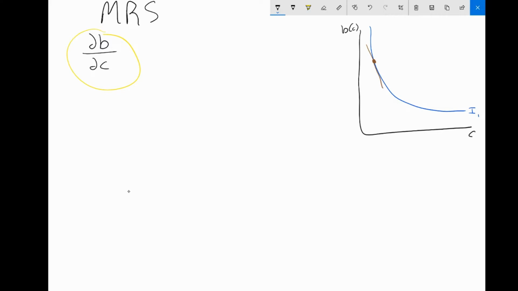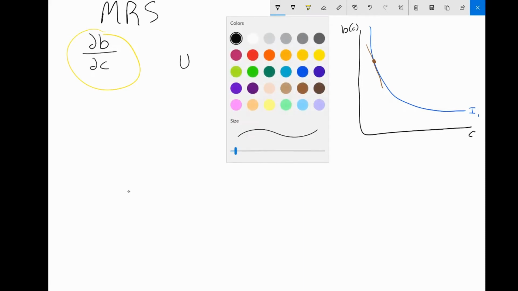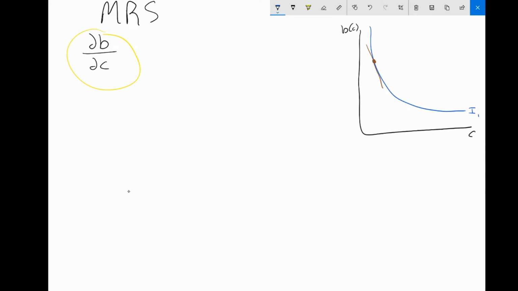So this indifference curve, let's put it in blue, is, as I mentioned before, u bar equals u of c and b. That is, it's a utility function with the values c and b at a given utility level. Now I can use this to derive the marginal rate of substitution.